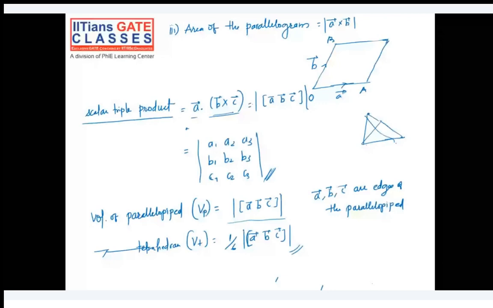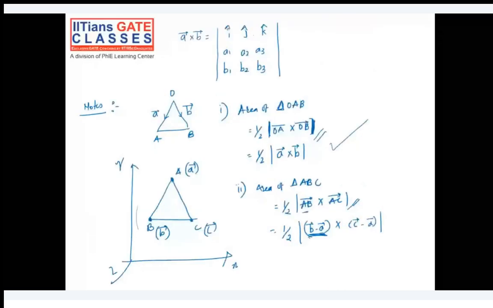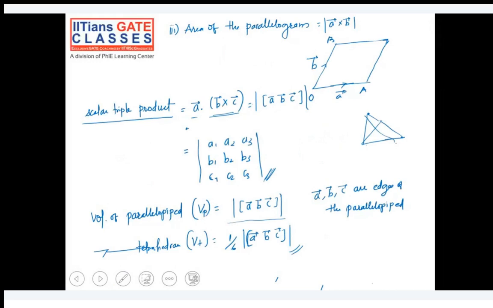Scalar triple product. What is scalar triple product? A bar dot B bar cross C bar is a scalar triple product, and that is nothing but again the determinant of A bar, B bar, C bar. You can write it like this: A1 A2 A3, B1 B2 B3, C1 C2 C3.